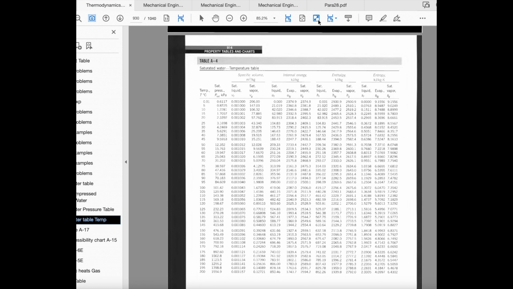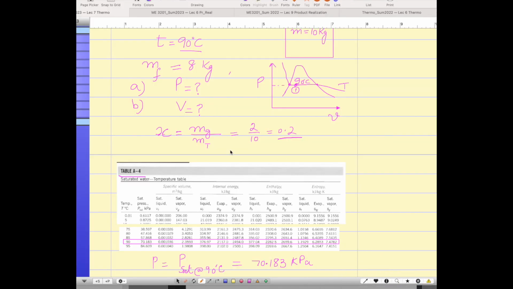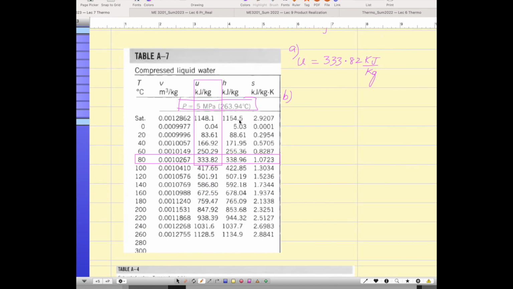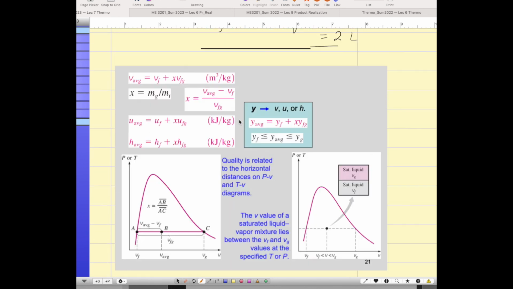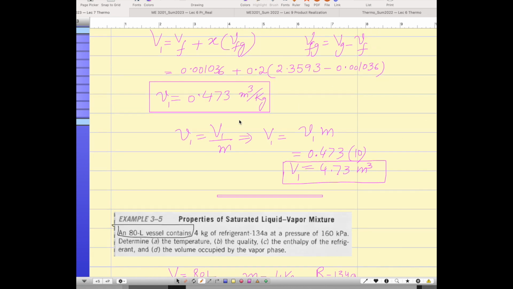I would always draw a rectangle. So this is my 90 degrees, and I draw this rectangle around it to show that this is what is of my interest.